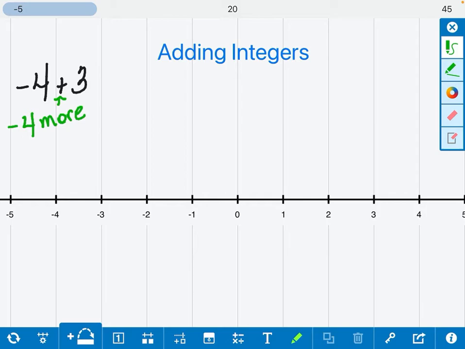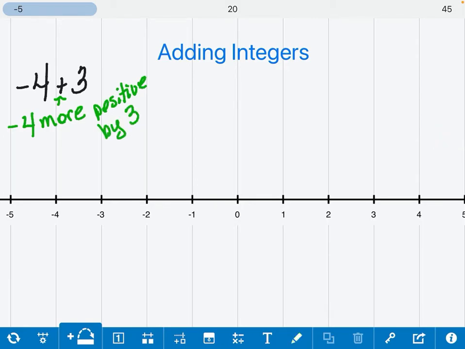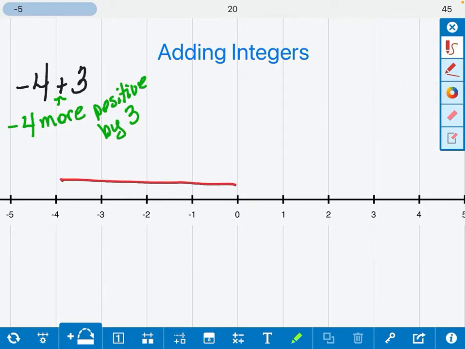So we want to get more positive by 3. Okay, so let's see what that looks like on our number line. We start at 0, and we're going to go to negative 4. 1, 2, 3, 4. So we're going to draw our line, and it's going to be red because it's going to be negative. So our line's going to the left, right? 4 times. And then more positive by 3.